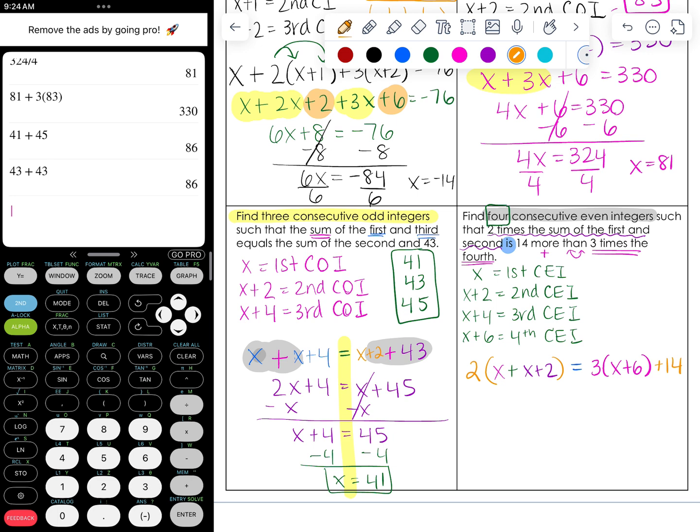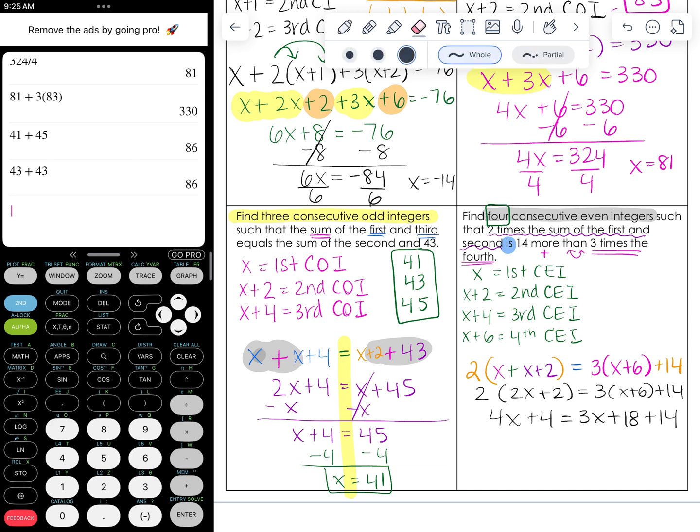But if you break it down, you will be great. So we do need to distribute and combine like terms. I am going to combine like terms a little bit first here, and I'm going to put 2x plus 2, and then I will do my distributive property all at the same time. So I've got a 4x plus 4 is equal to 3x plus 18 plus 14.